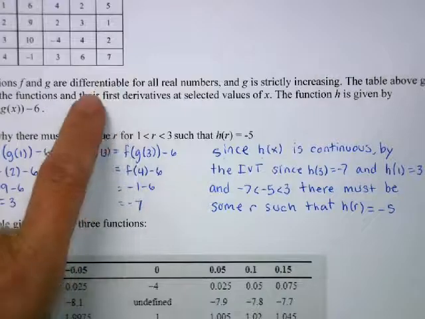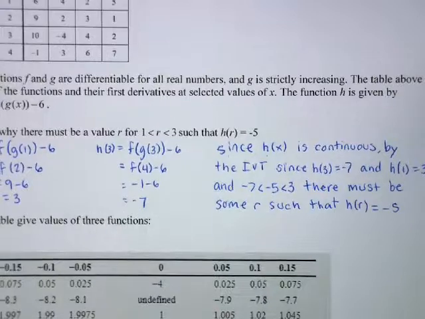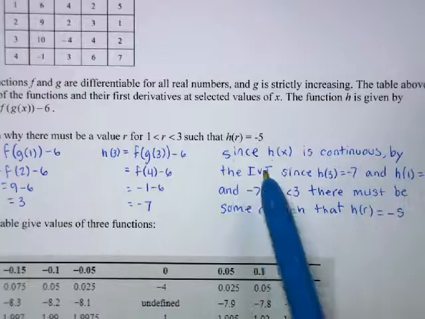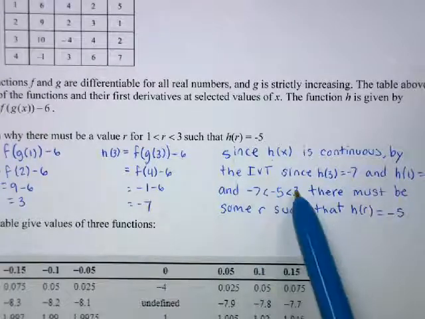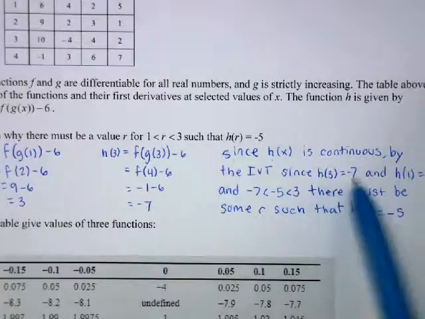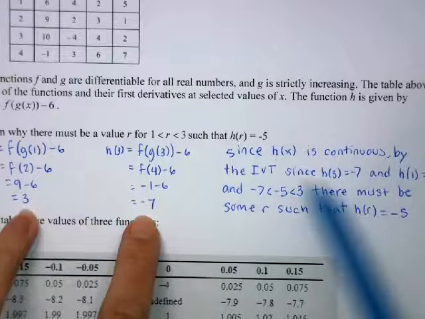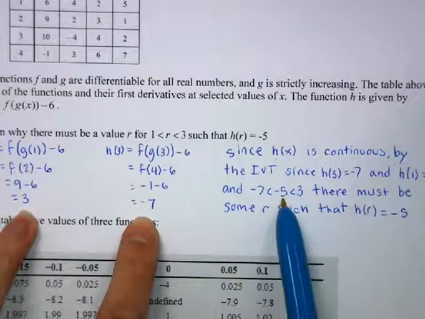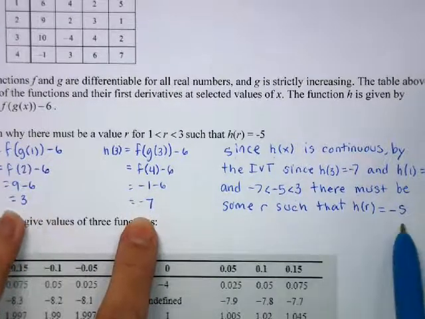So since it's continuous, by the intermediate value theorem, which you can abbreviate as IVT, since h of 3 is -7 and h of 1 is 3, now we did that over here, so you don't necessarily need to include that, but you should have this part that -7 is less than -5, which is less than 3, there must be some r such that h of r is -5. So the pieces they're looking for are that it's continuous, the IVT, and that -5 is between those values.